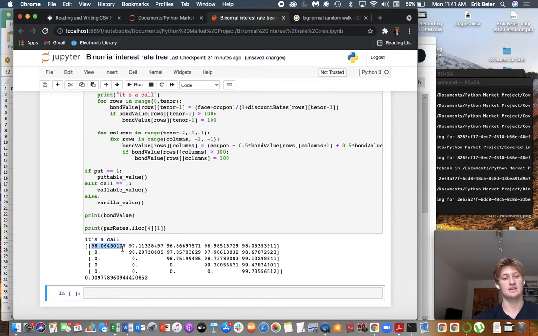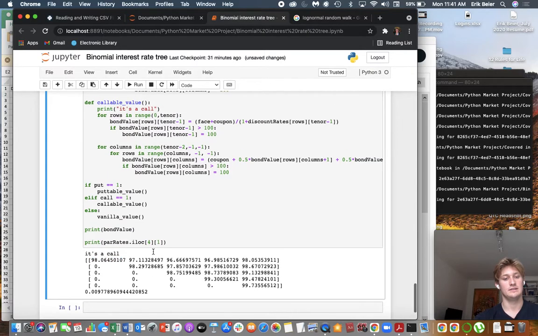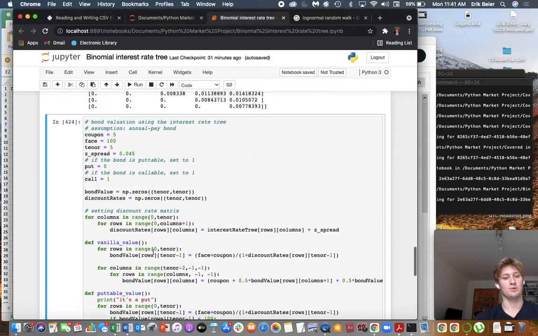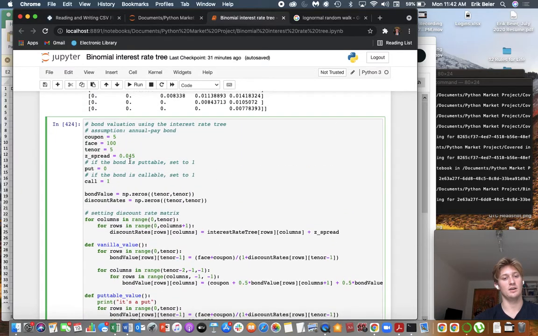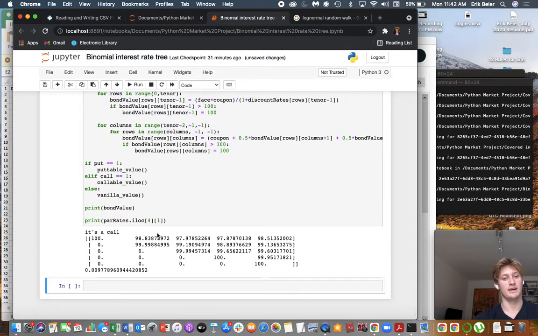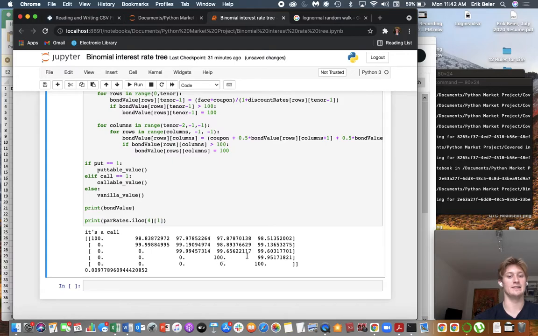Well, it never exceeds par, so in that case, we're not anticipating a call of the bond. Let's lower our spread. Oh, see, we get called over here because the value goes above 100.